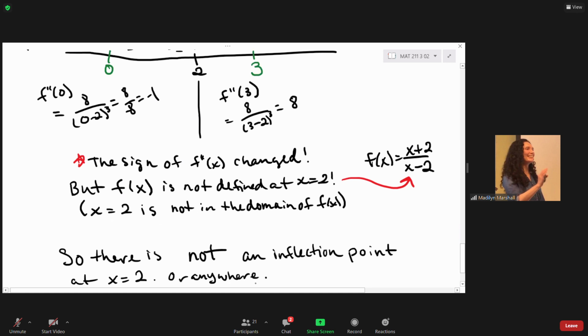So that means there is not an inflection point at x equals negative 2, or excuse me, x equals 2, or anywhere. So 2 was our only option. Our inflection points will come from the partition numbers of f double prime, and since 2 was the only one, even though the concavity does change from one side to the other of 2, it's not defined on our original function, so it's not an inflection point.